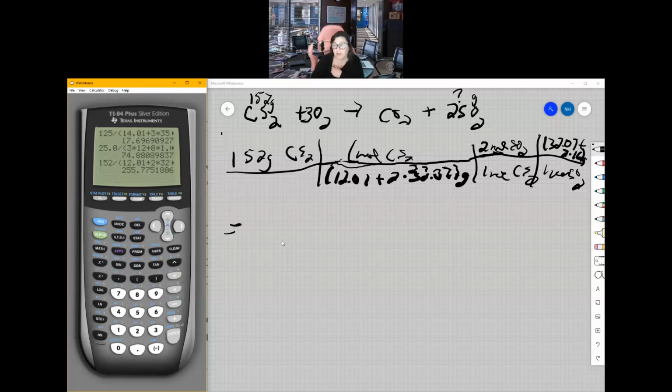Well, it's 3. So, 3 sig figs. And that's limited by the 152 that we started with. So even though we have more decimal places or more sig figs available in the masses that we're using, that's not going to translate because of the 152. So 256 grams of SO2 will be produced from that.